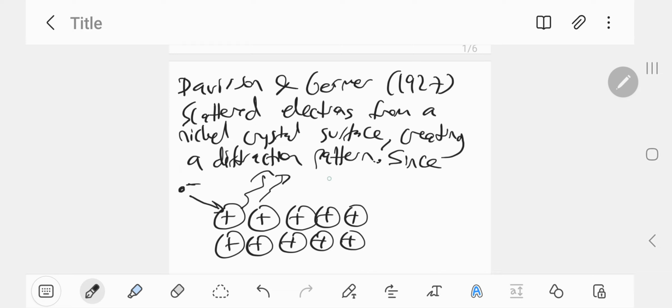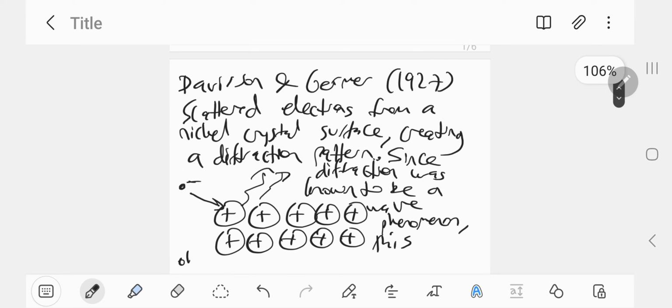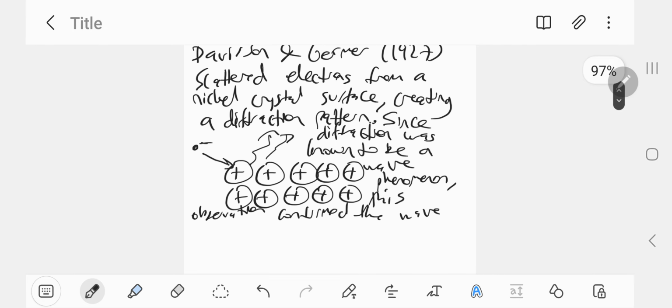And after they can write that since diffraction was known to be a wave phenomenon, you don't have to put a diagram there, it's just nice to see what's happening. This observation, so I'm using cause and effect here, this observation confirmed the wave nature of particles.